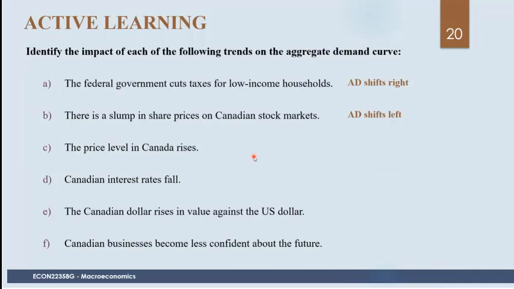Okay, so this isn't really related to the wealth effect, but it sort of is, because the wealth effect was related to the price level changing. So say you have some investment and it's worth $2,000, or you have $2,000 in your savings account or something like that. Then if prices go up, the purchasing power you can get from that stored wealth is going to be lower.